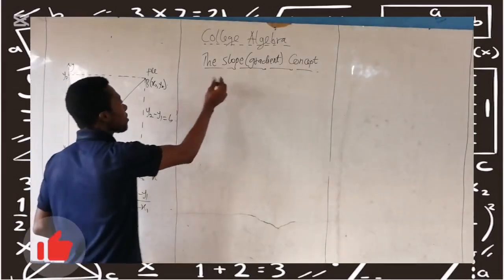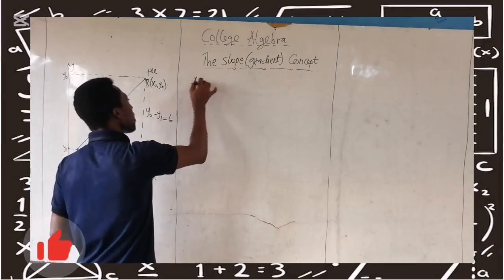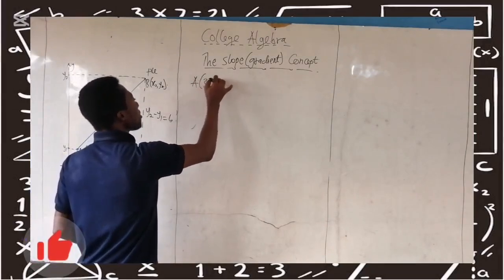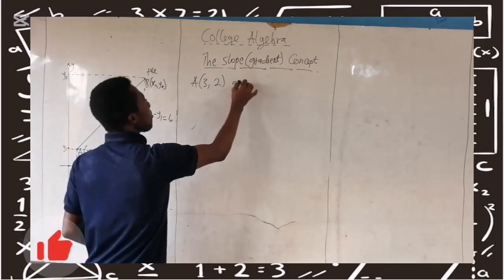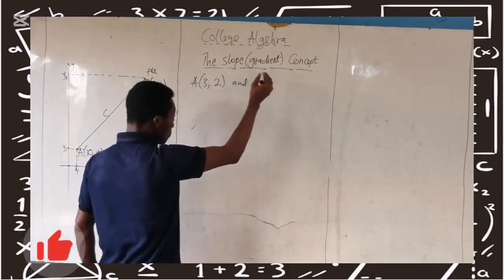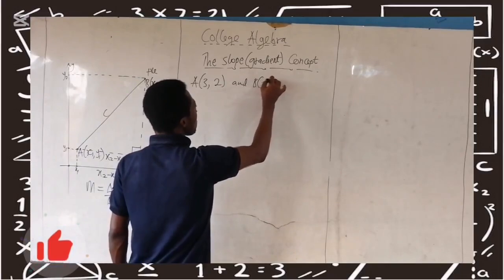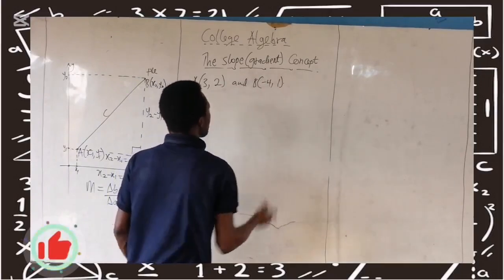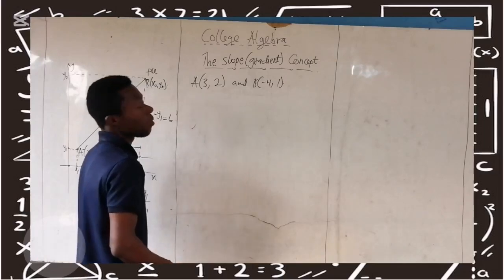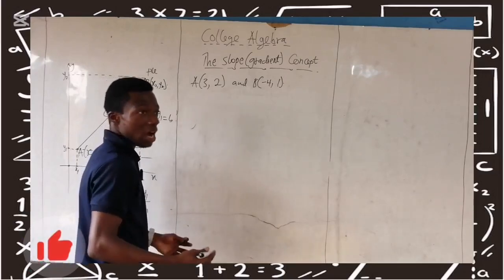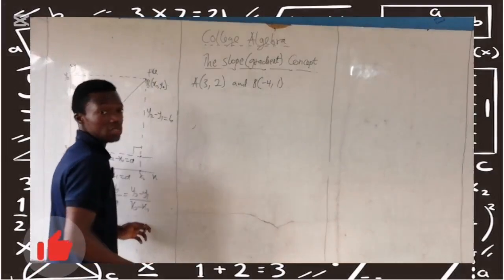Now let's say we have these 2 points, point A to be equal to 3, 2, and then we have point B to be equal to negative 4, 1. We are asked to find the slope of these 2 points A and B. How do we find the slope given these 2 points?